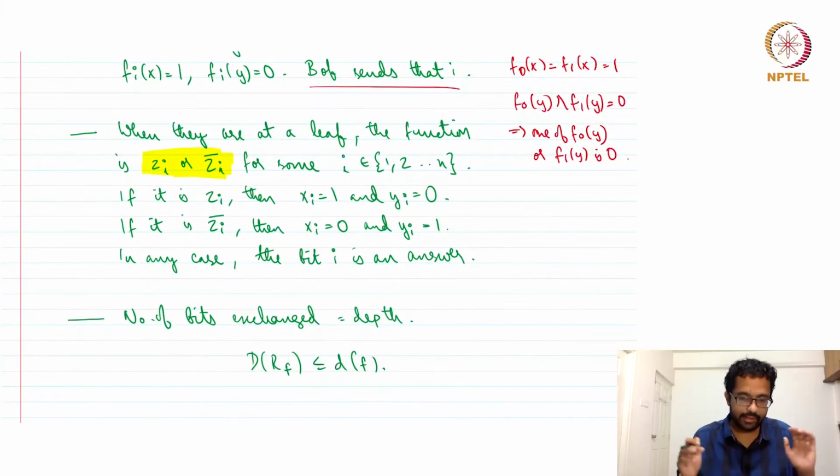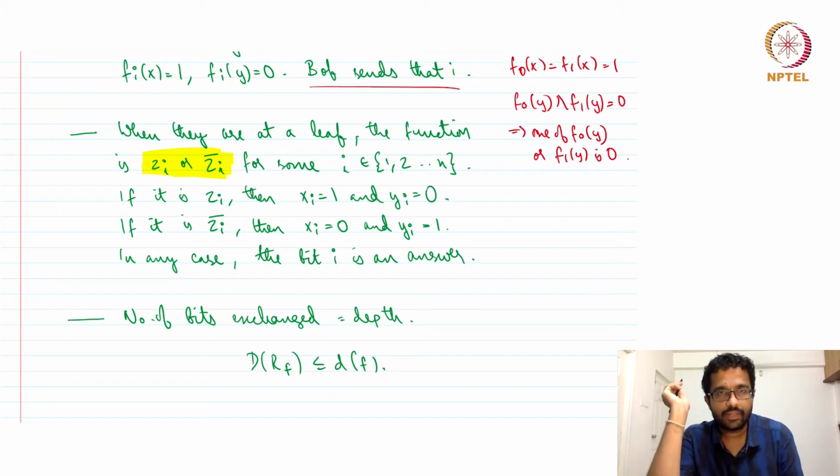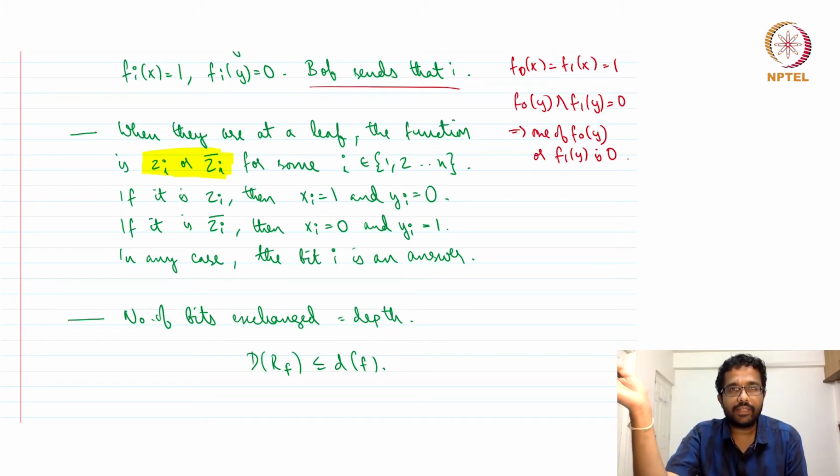So when we are at a leaf, the leaf either says Zi or Zi complement. Now we need to think in terms of the protocol, what will we output at the protocol level? We need to say some index i for which xi and yi differ.